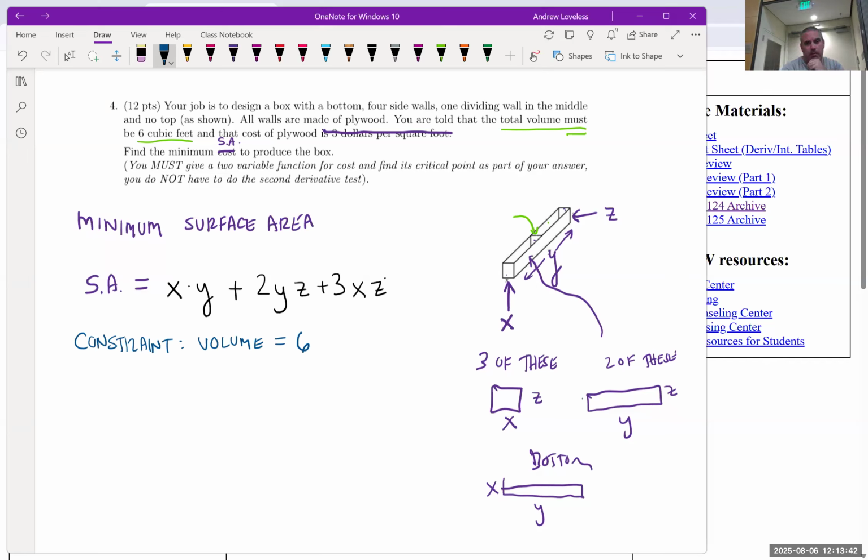So we're hoping we can take that information to give a relationship between X, Y, and Z, and then substitute that in here to get a 2-variable function.